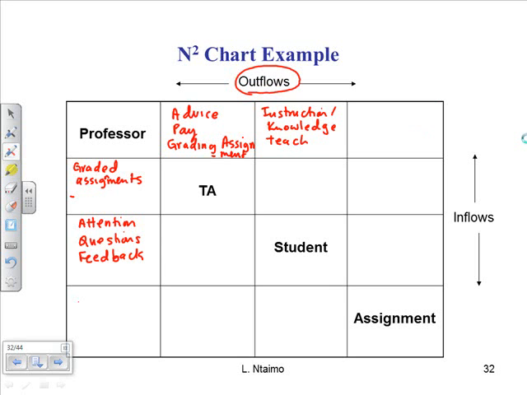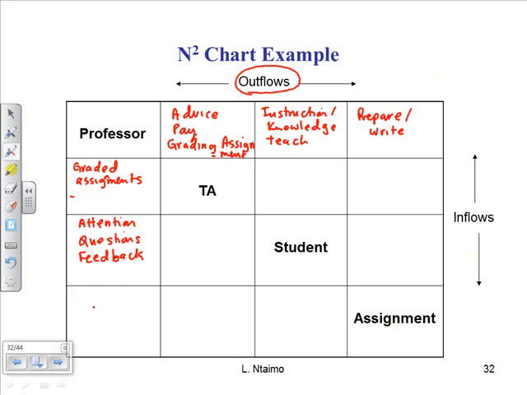The professor can prepare assignments or write tests. And what happened to the assignment in relation to the professor? Okay, so that can provide feedback.